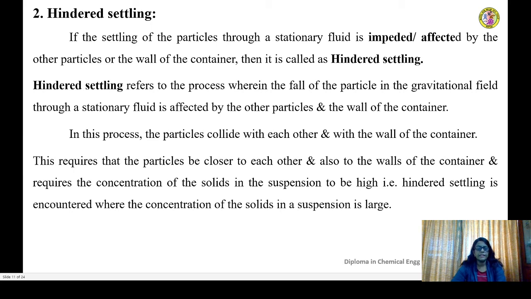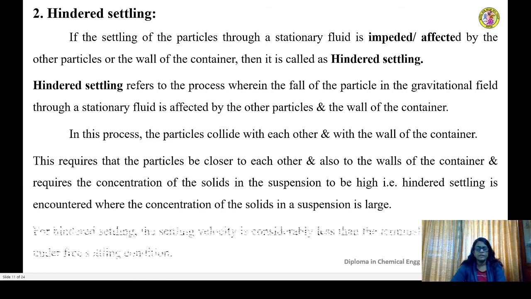So hindered settling is that settling that takes place whenever the particles are very close to each other and also very close to the wall of the container. This can happen only when the concentration of the particles in the given slurry is high. So for hindered settling to take place, we require that the concentration of the solids in the given slurry or suspension is large.